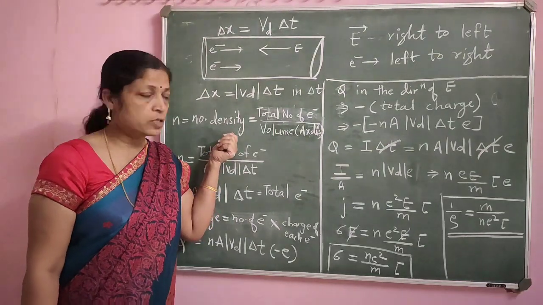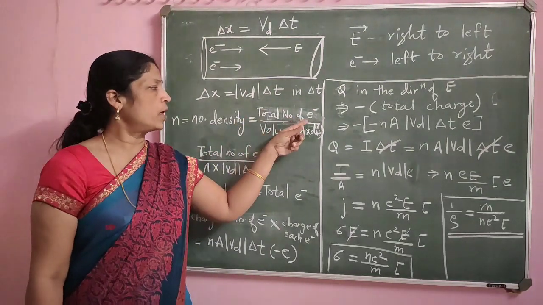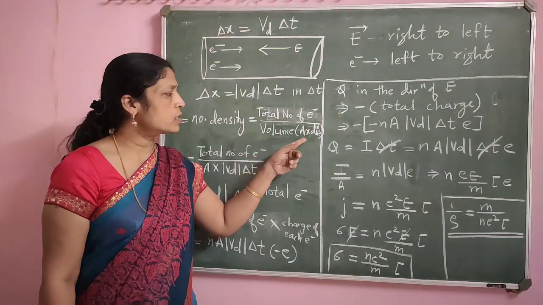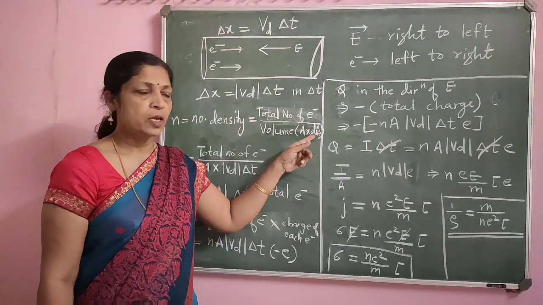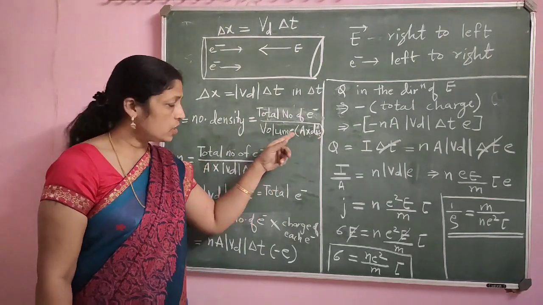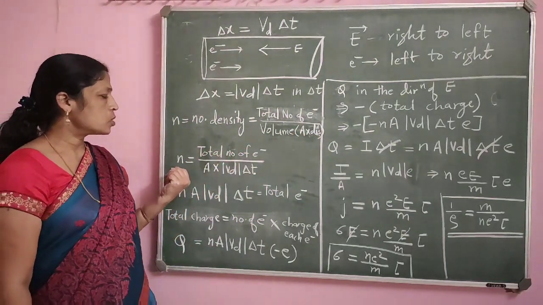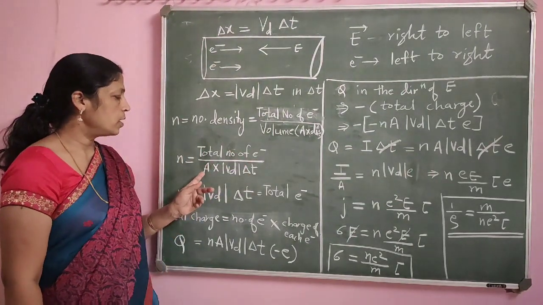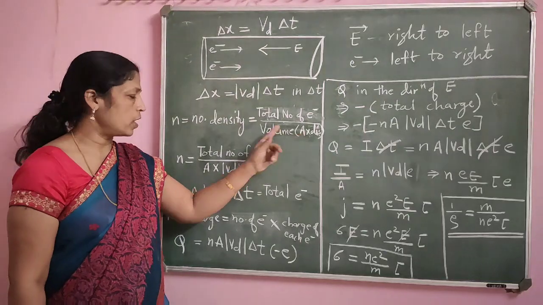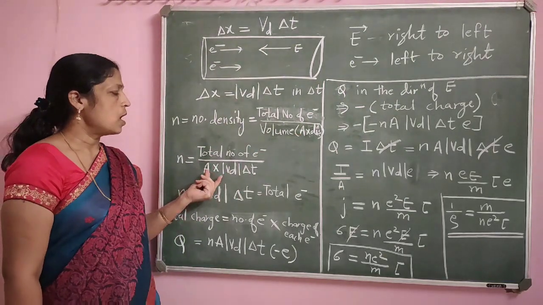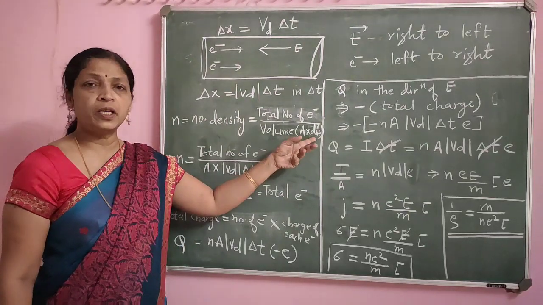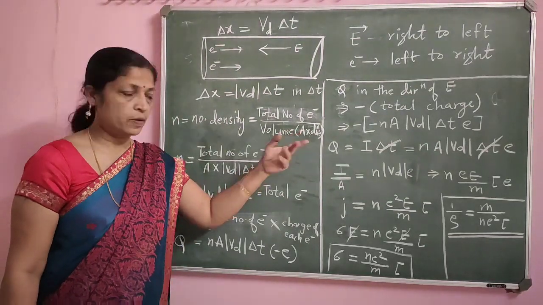Number density is the total number of electrons divided by volume, and volume means area into length. In this case, n equals total number of electrons divided by A, the area of this conductor, and Vd delta t, the distance covered by the electrons in time delta t.